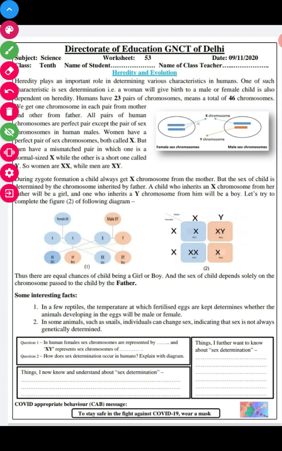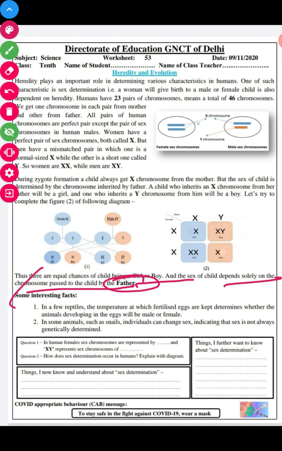So there are equal chances of being a boy baby or a girl baby, and the sex of the child depends solely on the chromosome passed to the child by the father. Whatever the chromosome coming from the father, the sex of the child is determined by that.